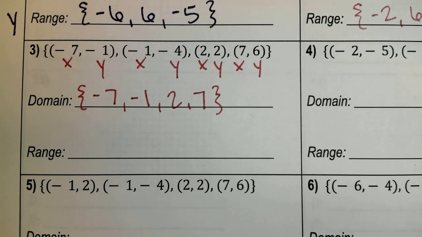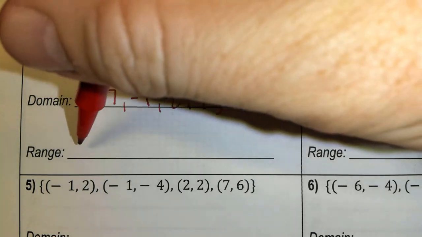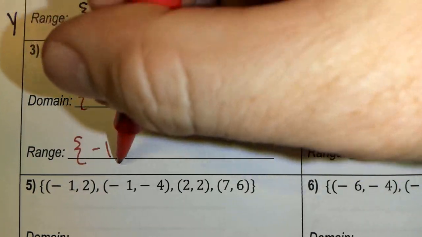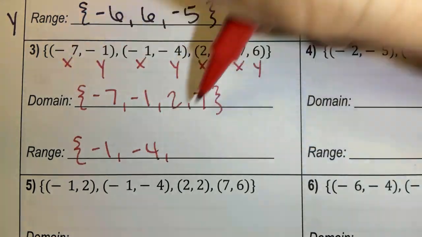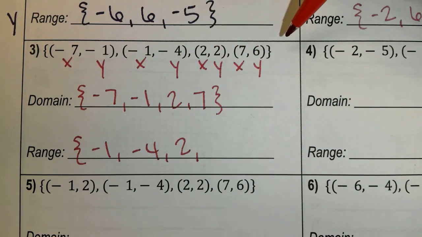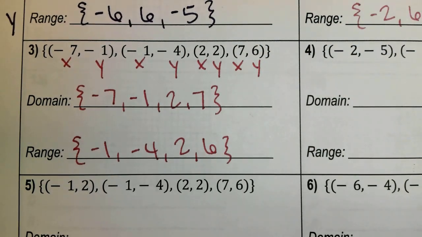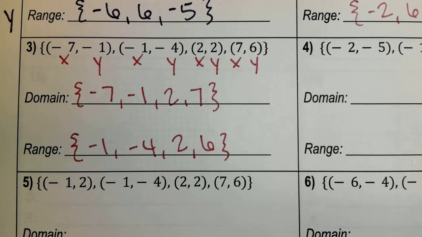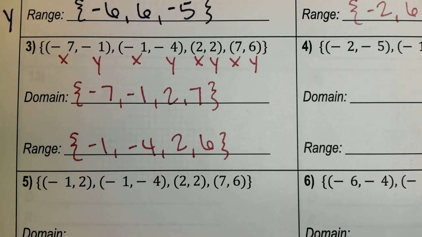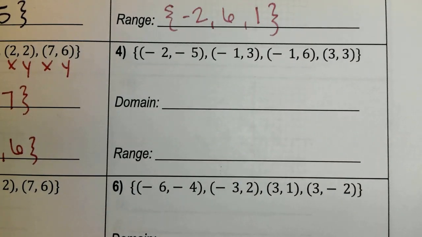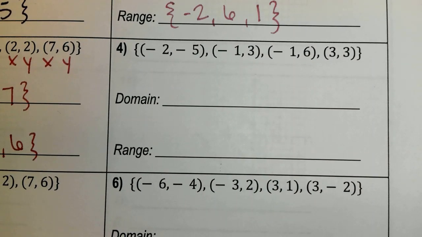And that's it. For range, none of those repeat. So I have bracket, -1, -4, 2, and 6. And that's it. And that was a terrible bracket. I will do better next time, I promise. Or I'll try. Sometimes they just come out weird because it's a weird one to write anyway.